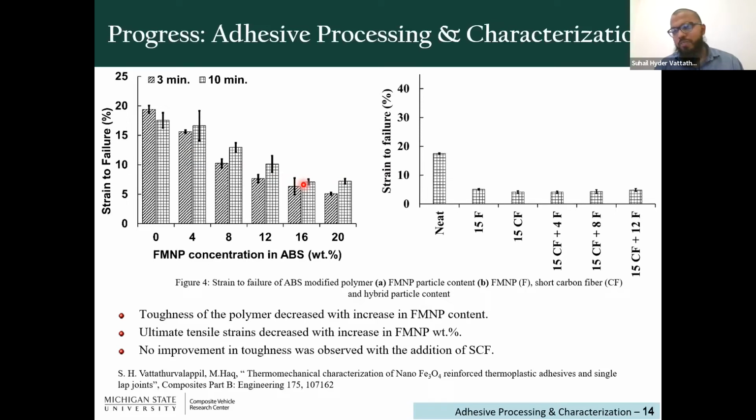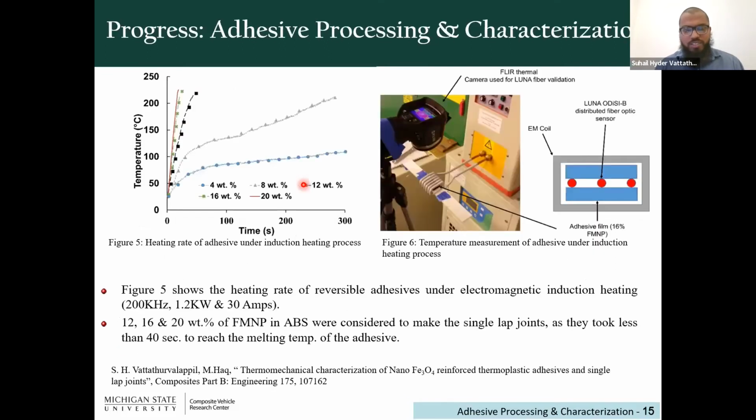As you increase their content, each of them may act as a cause for stress concentration, and that may result in a quick failure. That is one of the reasons. And yes, so we have manufactured the adhesive.